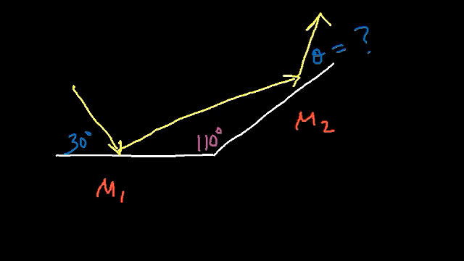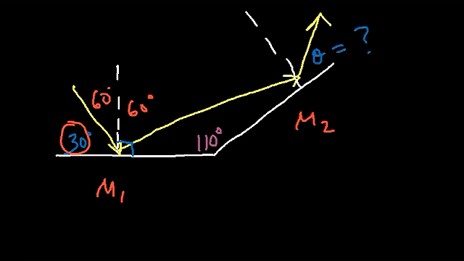So what's the first thing that we need to do to solve this problem? Well, let's find this angle. Let's draw the normal line, which is perpendicular to the surface. And so here we have another normal line. So if this angle is 30, this angle must be 60. It's complementary. They have to add up to 90. And according to the law of reflection, the angle of incidence, which is 60, must equal the angle of reflection.